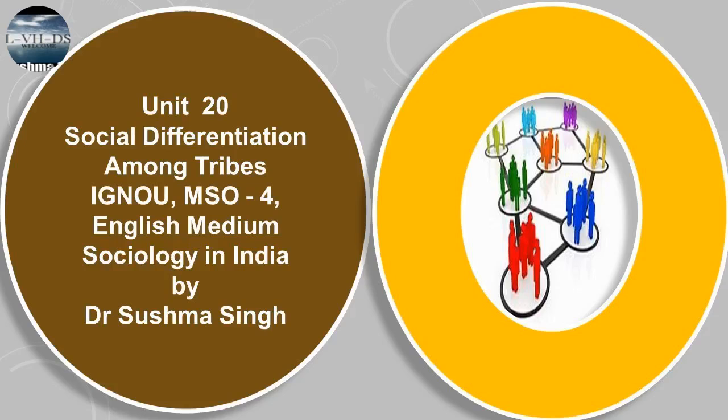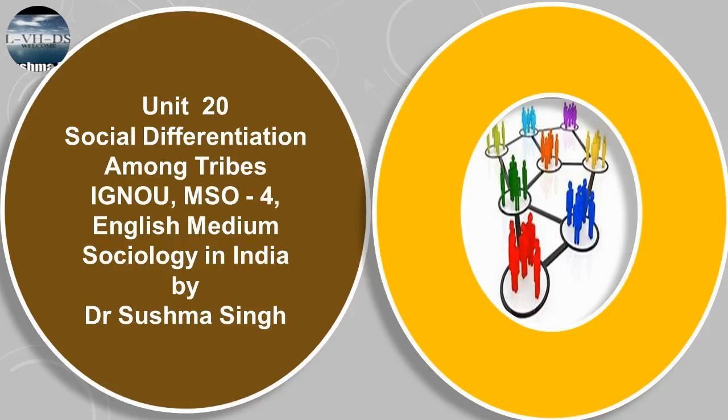Stebbins defines social differentiation as a broad social process in which people are distinguished from one another according to age, sex, deviant, ethnic, and social stratification roles.